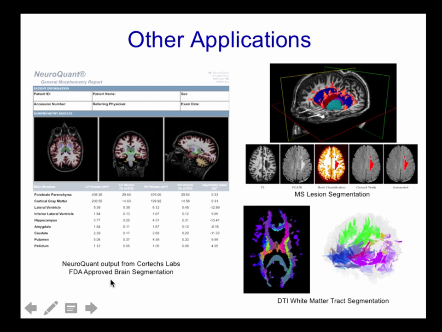It integrates with a PACS system, and these outputs are sent back to the PACS system, and the radiologist can say, oh, look, this person's cortical gray matter is a certain volume. And then they also put out normative curves. So they'll say, oh, this person's brain structure is 15% outside of the normal value, above or below.